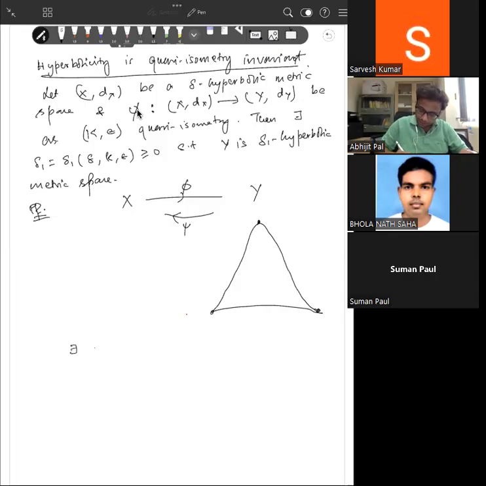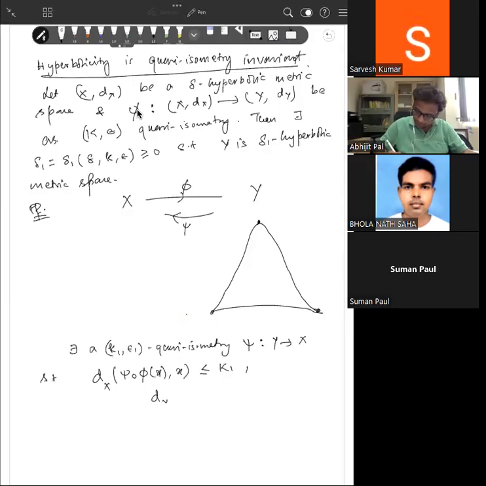So there exists a (k1, epsilon 1) quasi-isometry psi from Y to X, such that the distance of psi composed with phi of x is less than or equal to some constant, let us again take it to be k1, for all x belonging to capital X, and similarly for all y belonging to capital Y. So this psi is called the quasi-isometry inverse of phi.